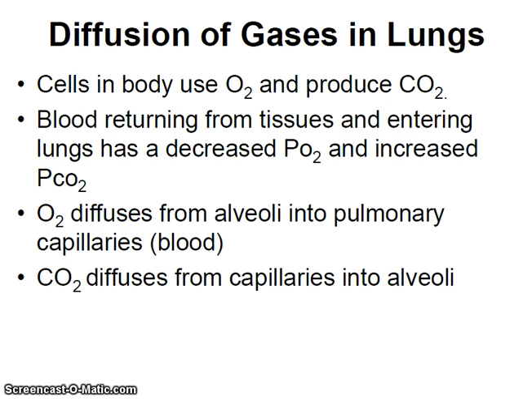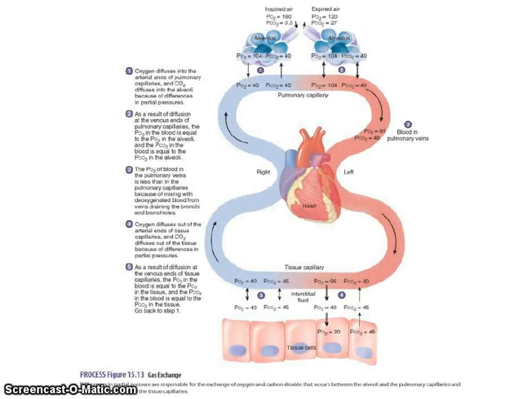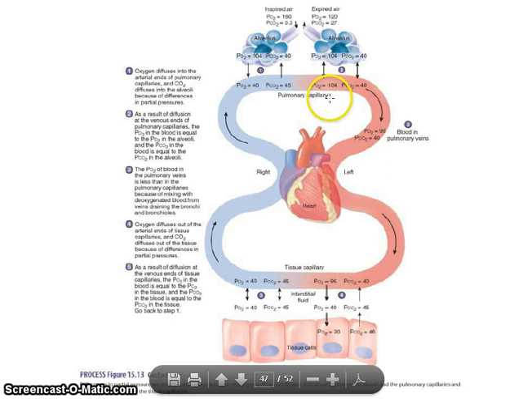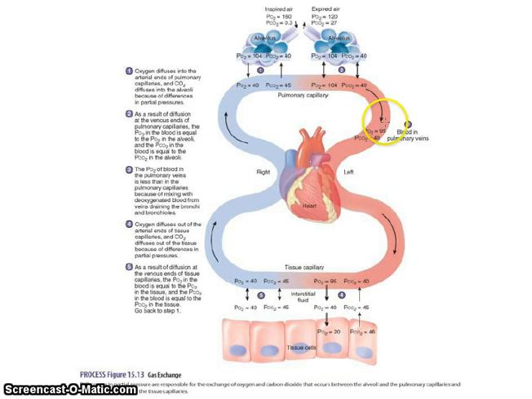Carbon dioxide will diffuse from the capillaries into the alveoli and then finally out through the process of exhalation or expiration. Here it is diagrammatically, showing you the oxygen exchange, the redder color representing blood high in oxygen.